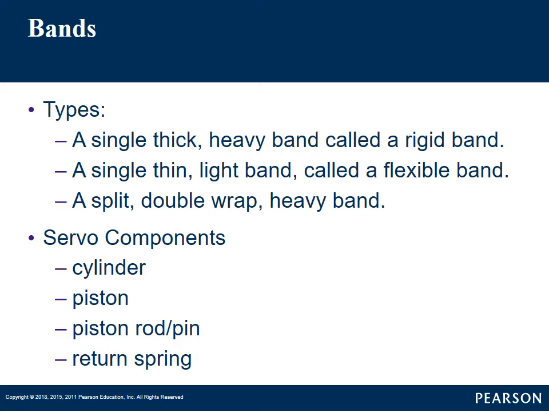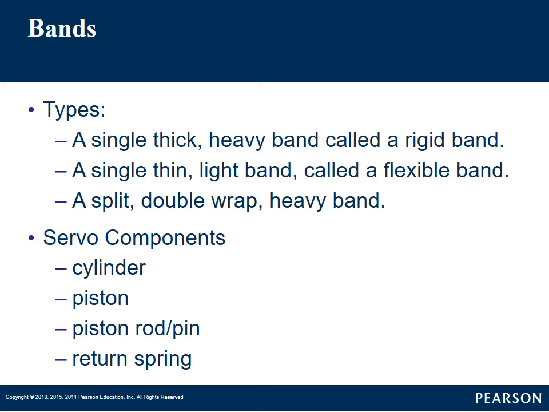Now when we get to servos, these are what actually apply the band, because we have to have an anchor point and an apply point. We need to be able to squeeze this band together to hold that drum or that reaction part of the planetary gear set.